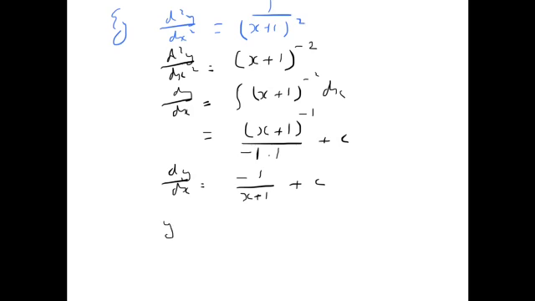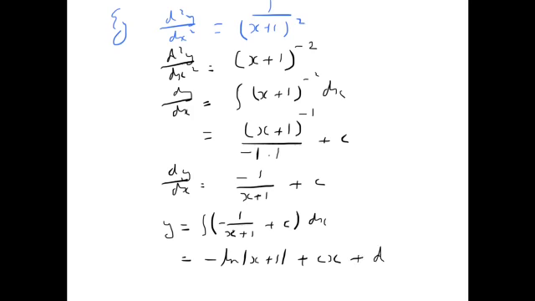So now y is the integral of that, the antiderivative of that, in terms of x. And so the antiderivative of negative 1 over (x+1) is the negative natural log of (x+1). The antiderivative of c is cx, and you get a new constant d.